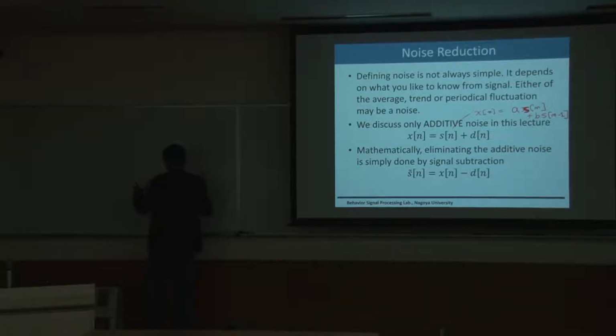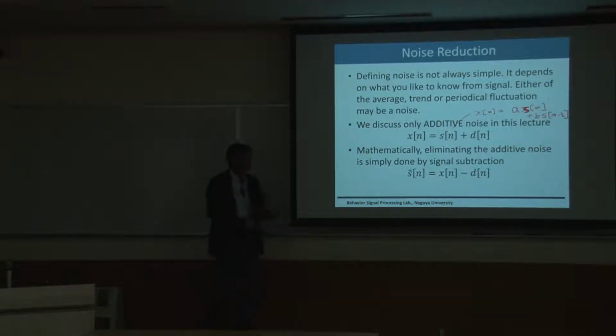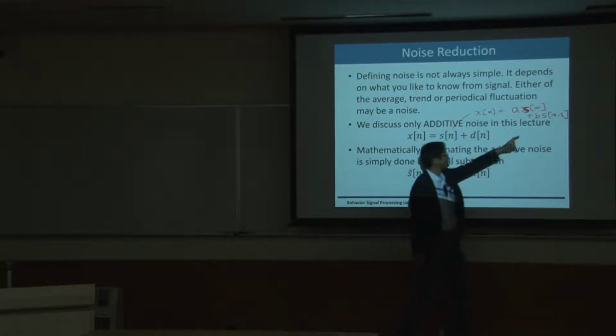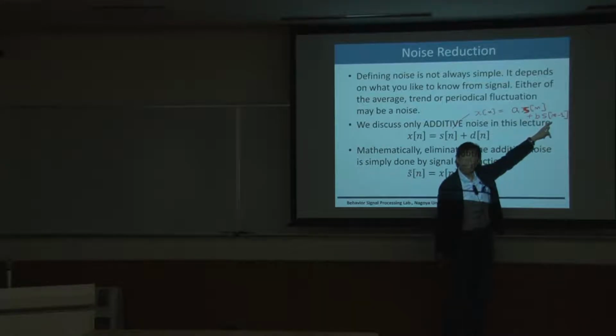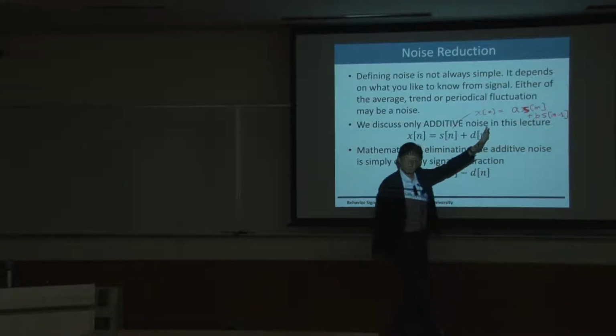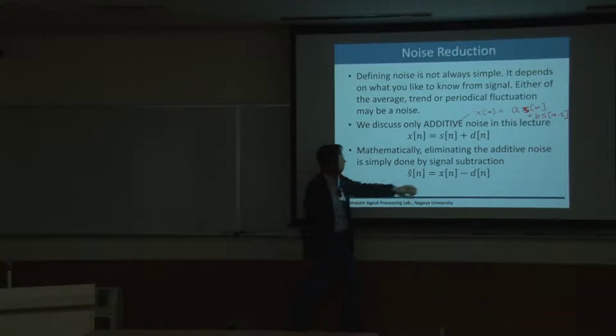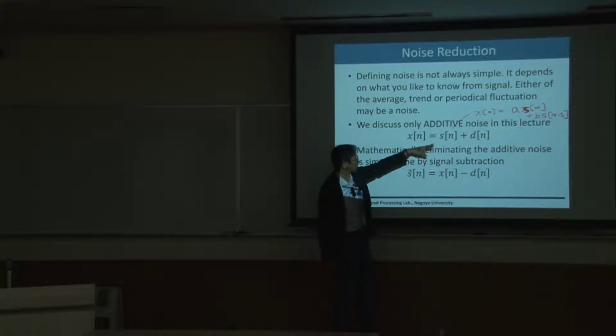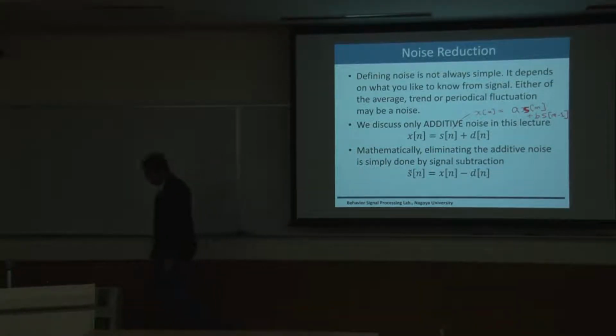Because when I am facing this whiteboard and speaking, the main power of the sound signal reaching you is after the first reflection off the whiteboard, which is echo, and echo can be represented by the summation of the previous sample into the current sample. Okay, echo. And this kind of noise is sometimes referred to as convolutive noise. And this is much more difficult. Someone says productive noise, but I don't like that word.